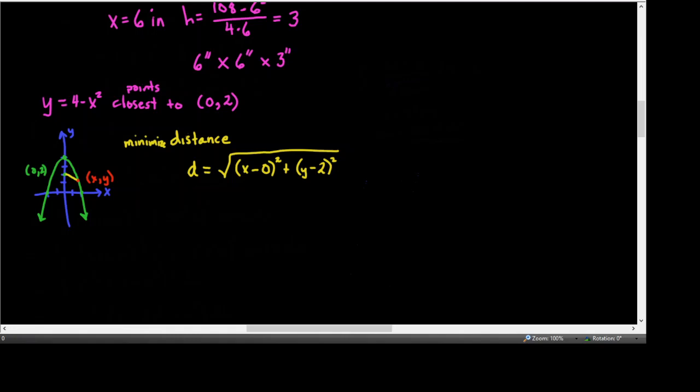Now, that radical in there is sort of troubling to a certain extent because I don't want to have to deal with a radical if I don't need to. So what I'm thinking of doing here is valid: if I'm going to get a minimum distance, what would the square of that distance, which I'm going to call capital D, have to be?